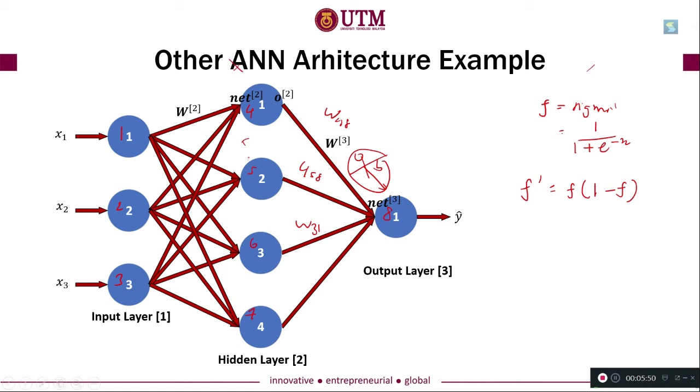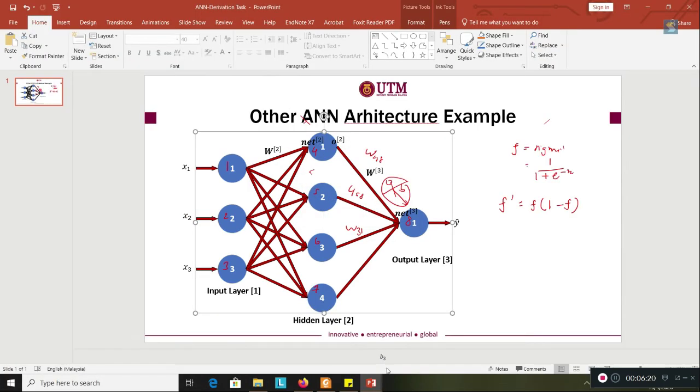What you need to do is derive from the beginning using this architecture, and explain the derivation, starting at the forward pass and then up until the backward pass, until you end up producing something like this.